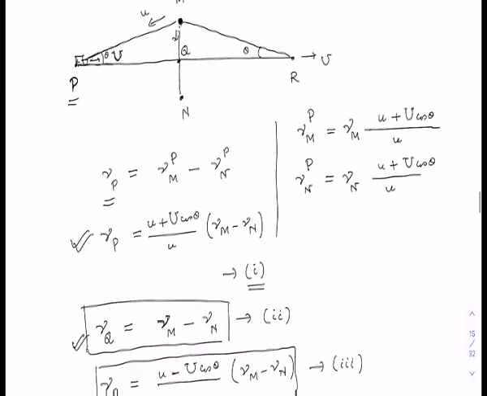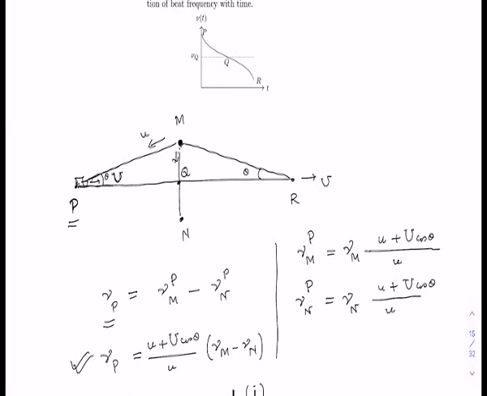You see, cos theta would be a function of t. I will explain that; let me first write it. As this car is moving towards this point Q, this angle theta is also changing. So if the car reaches here, this angle theta is going to take a different value.